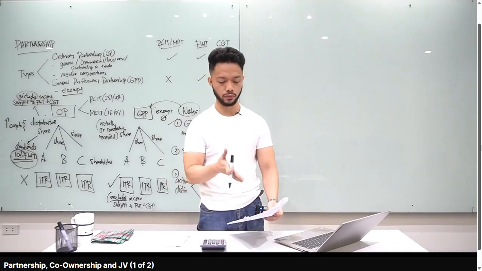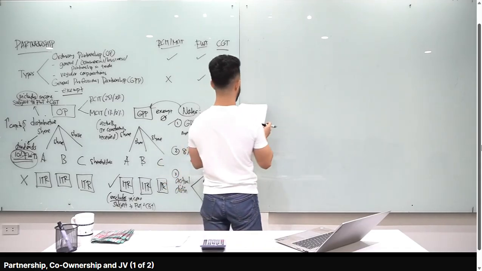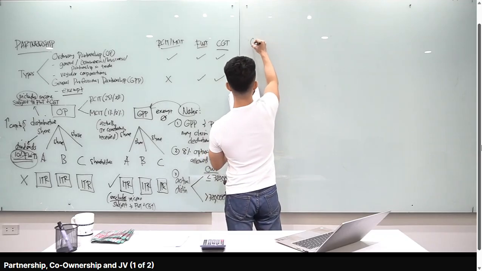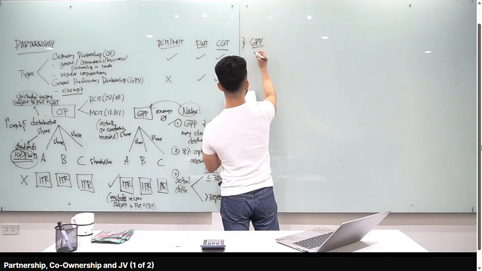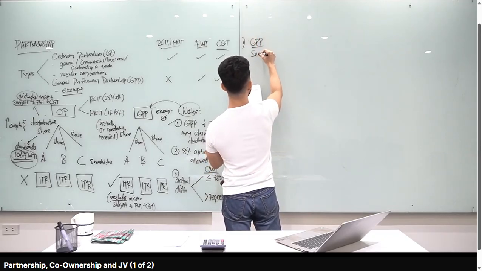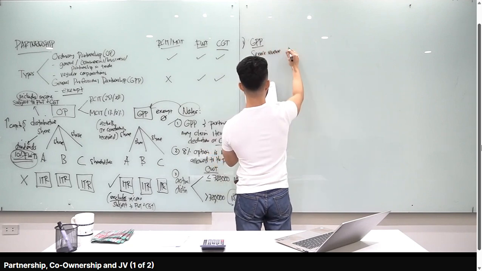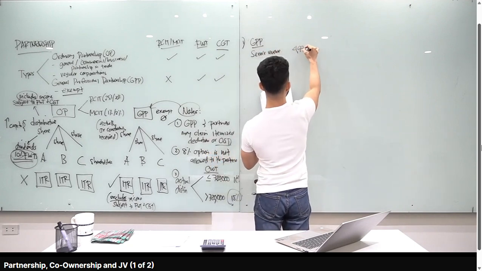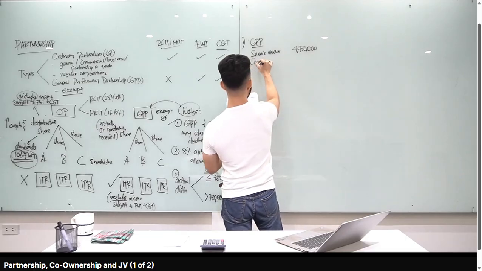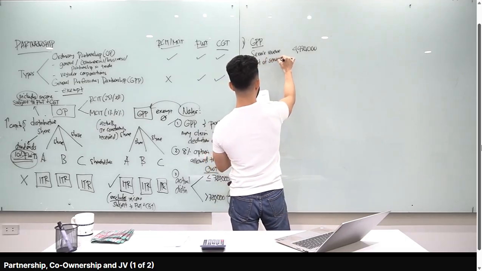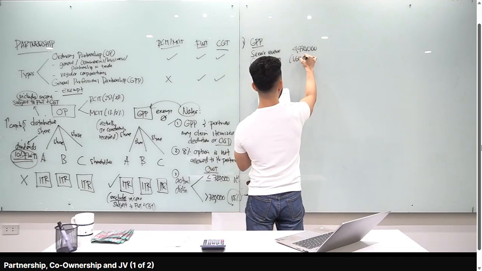First question, compute for the distributive share of each partner. Okay? Ganito gagawin ko dyan, class. So ito yung GPP. Okay, so question 1, lalagay ko dito yung service revenue amounting to 4,990,000. Alright? And then I'll put here cost of services amounting to 1,610,000.